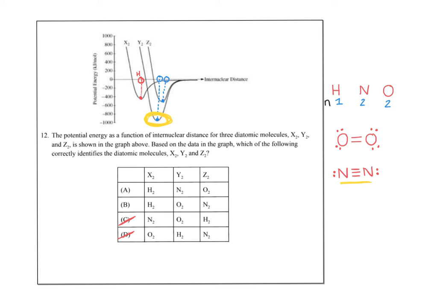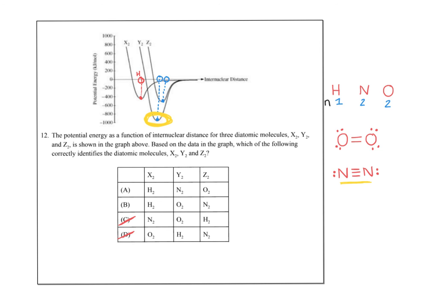Understandably so, when we're talking distance-wise, we know that an oxygen bond is longer, so you can see as well that the oxygen bond on the Z graph is a little bit bigger than the triple bond, which is shorter, but there's not a huge difference compared to what we see with the hydrogen because the hydrogen atoms are so small. So again, you can tell based off the length of the bond, but you can also tell based off the energy. A triple bond is much stronger than a double bond.